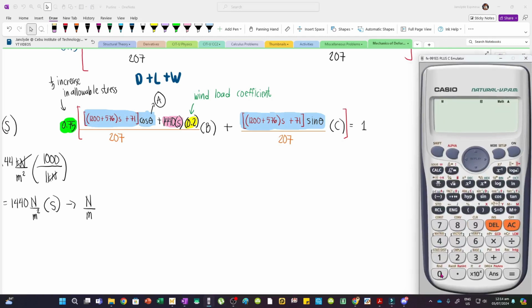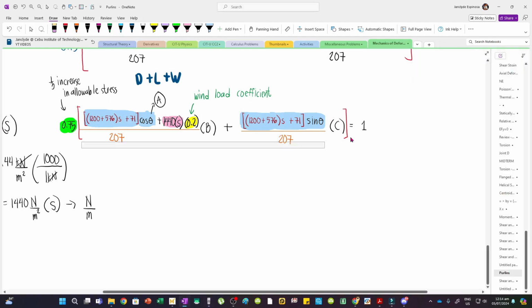So we have 0.75. This is multiplied to the whole expression.